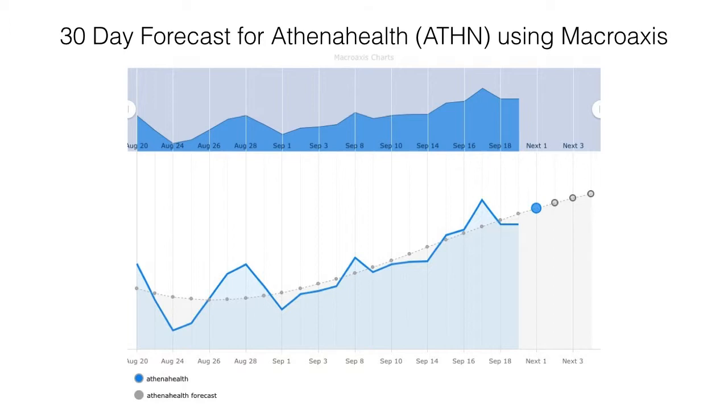Macro Axis allows you to do some forecasting, which is pretty neat. You can input some values. So say for the 30-day forecast, that's your time horizon, and then you say how much risk you're willing to take.